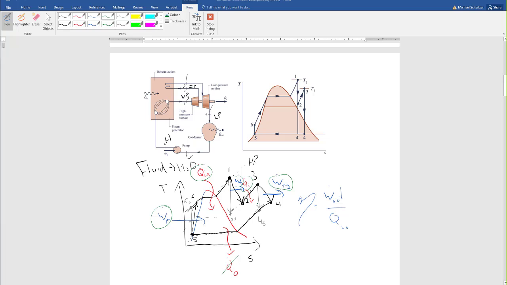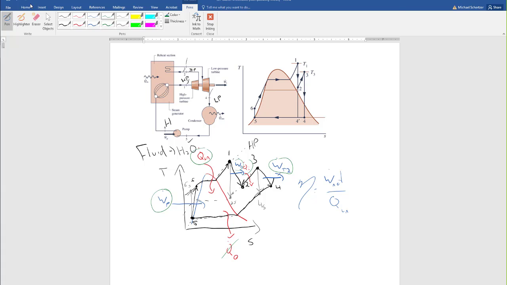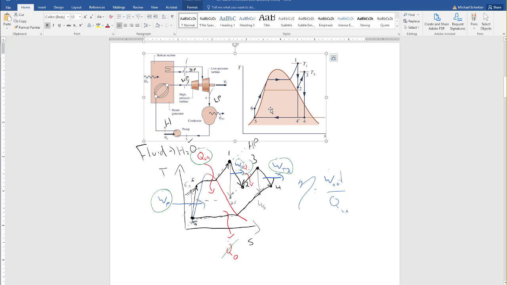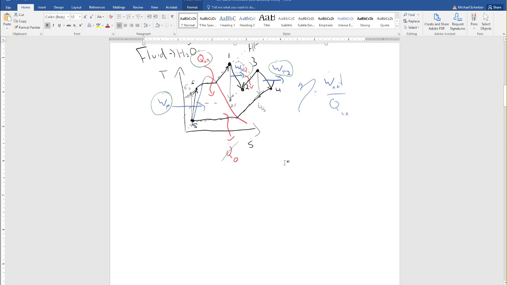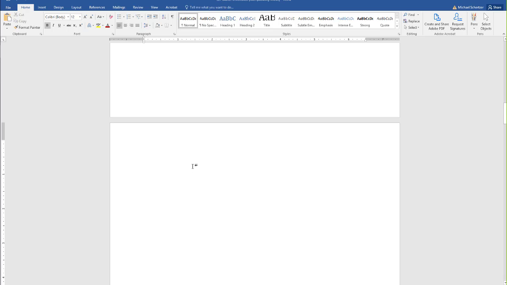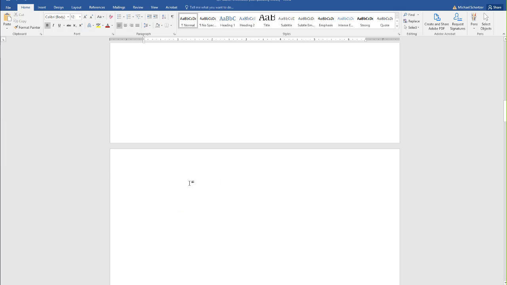If we're rejecting heat, then we're moving right to left, so going leftward. So that's how I draw these different TS diagrams. I'm trying to give a general process for how we do these things.